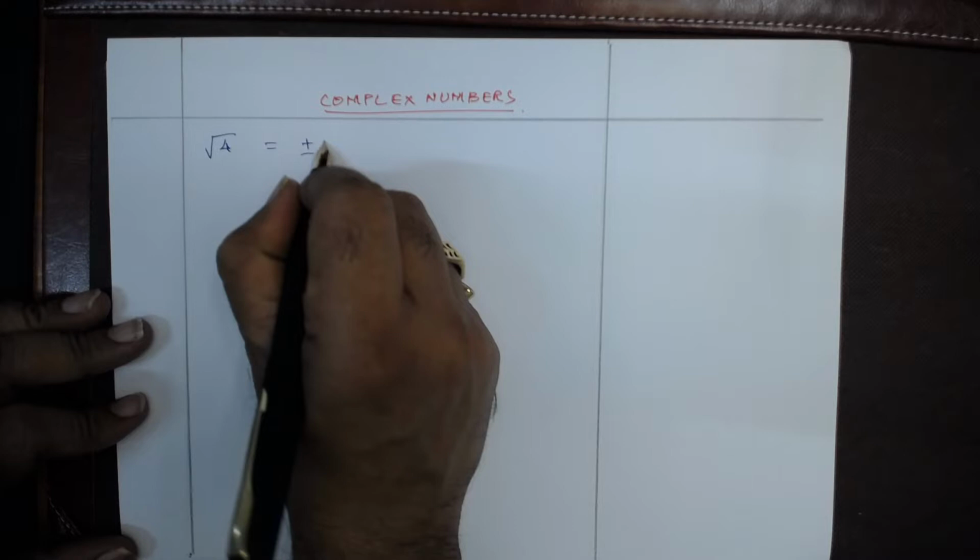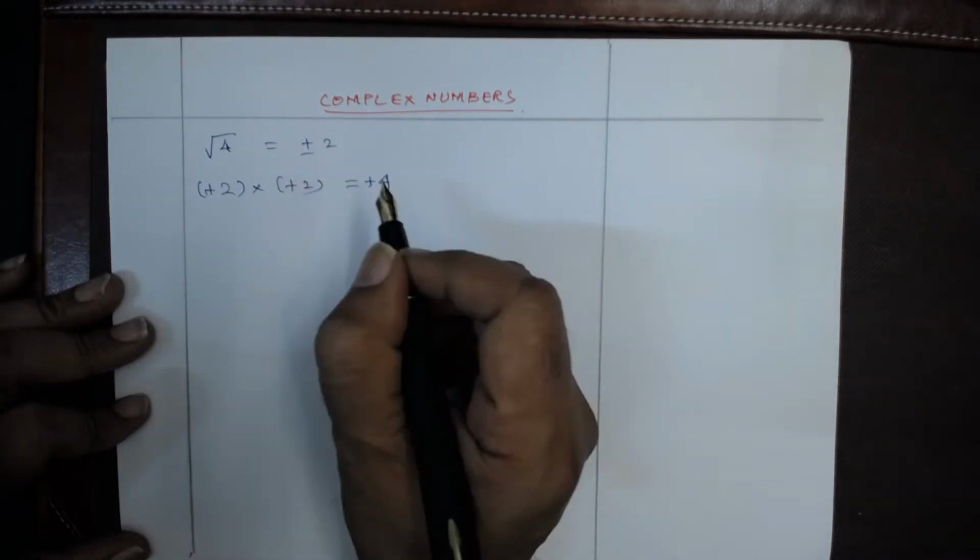Because plus 2 into plus 2 gives 4. Minus 2 into minus 2 is also plus 4.